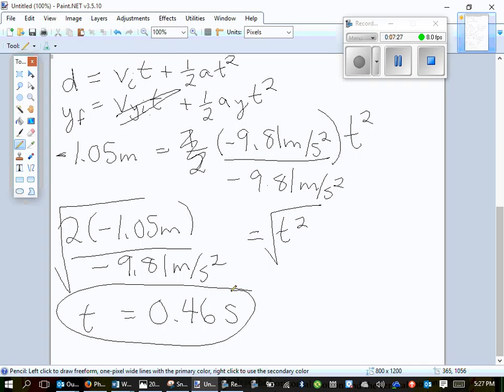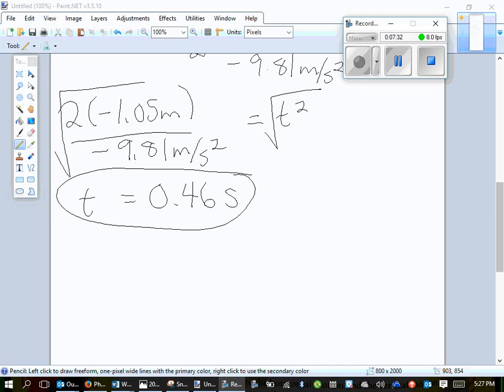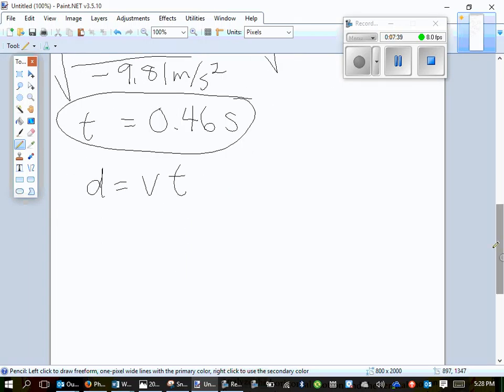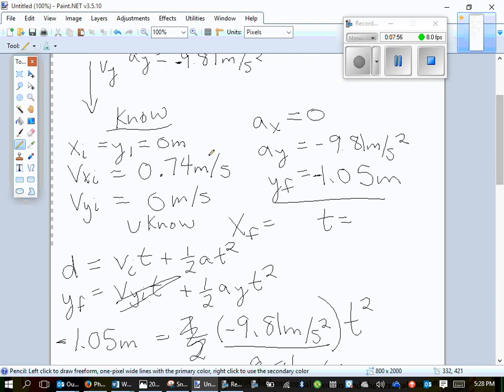Now we need to find out how far it goes when it hits the floor. We want displacement is equal to speed times time in the x direction, so this is the x final position. We want the velocity in the x direction times the time, which we just found was 0.46 seconds. From our problem, velocity in the x direction was 0.74 meters per second.